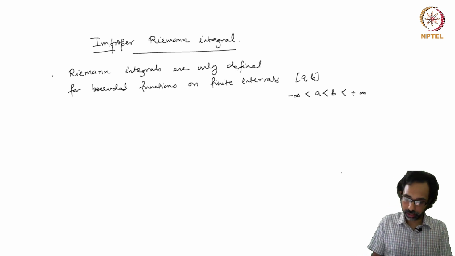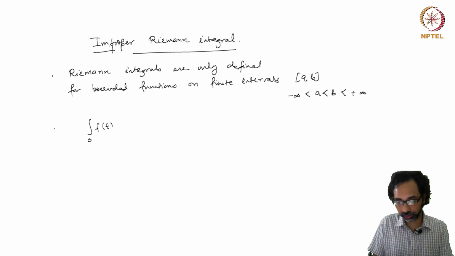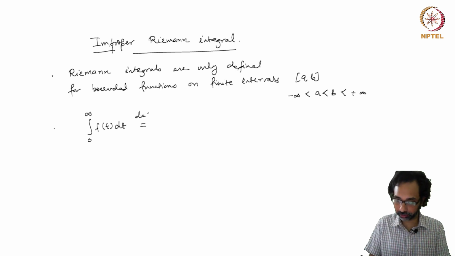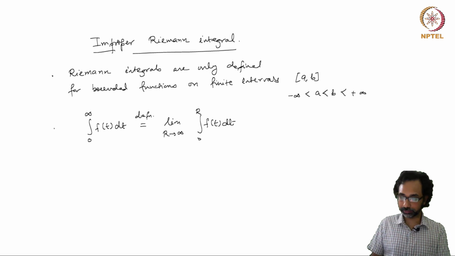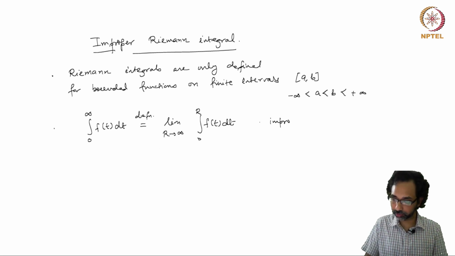Okay. Now whenever you want to evaluate an integral of some function ft over 0 to infinity, we define it. So this is a definition in terms of the limit as r tends to infinity of the integral from 0 to r of ft dt. Okay.